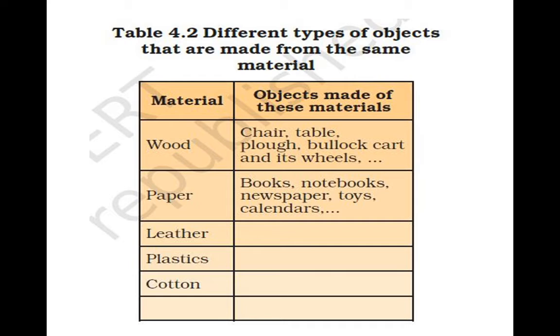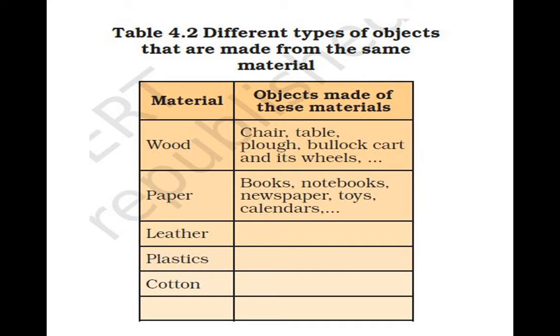Already I have mentioned that in a pencil we are not using only one material. We are using lead, wood and paint also. Some objects can be made from only one material, but several things are made from more materials.